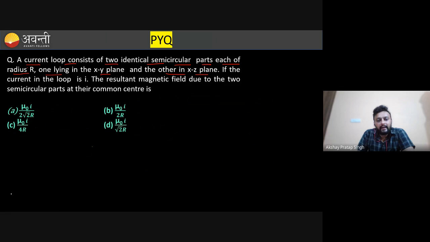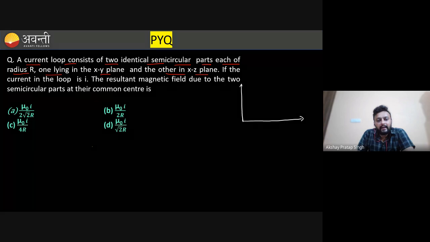I'm just drawing. Let's suppose this is our x axis, y axis, and this is our z axis. Clear?